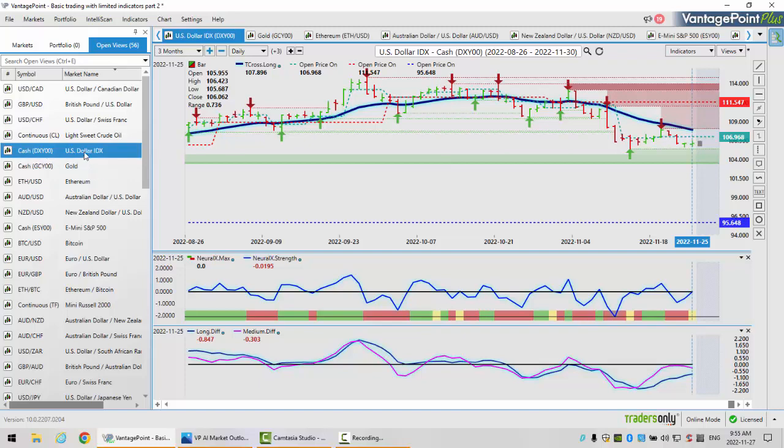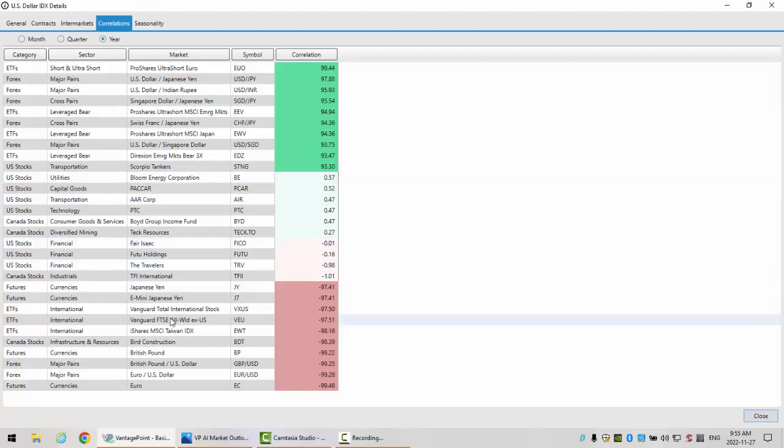So when we look at this via the Vantage Point software, an example of intermarket correlations and how they work, we can assess here that these are the top 10 correlated markets to the dollar, meaning if the dollar index goes up, the ProShares UltraShort will go up, dollar yen will go up, dollar Indian rupee, Singapore Japanese yen, US Singapore, Scorpio Tankers.